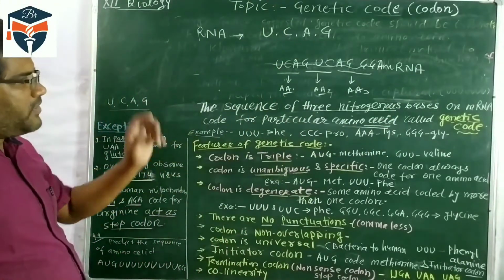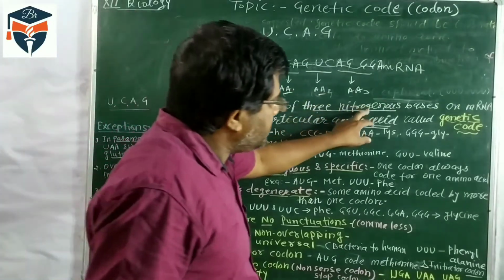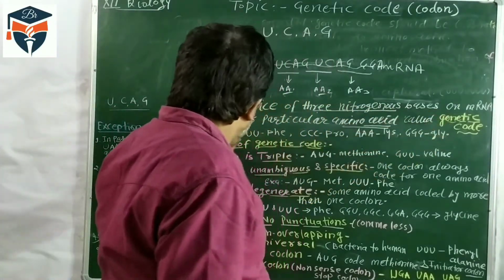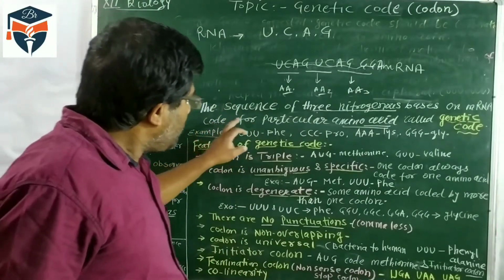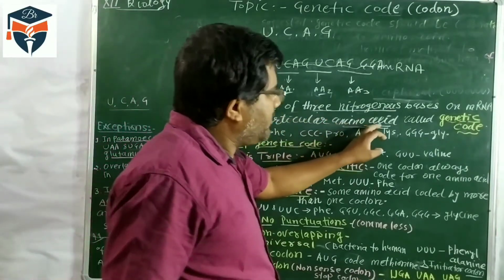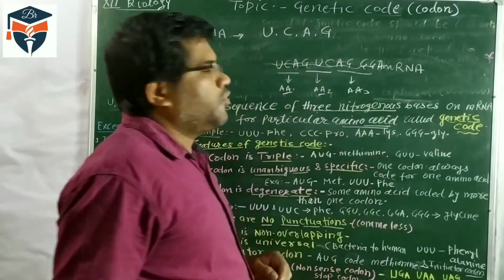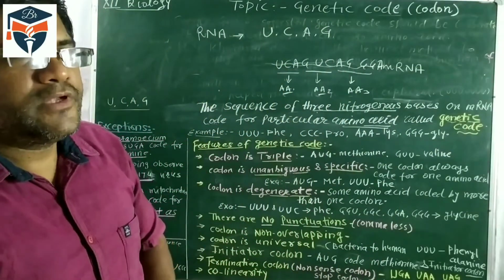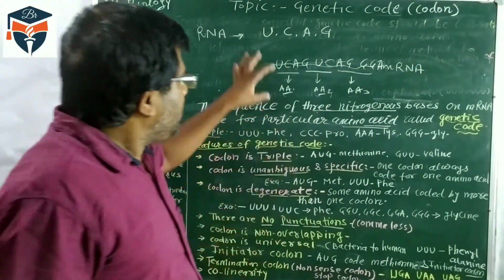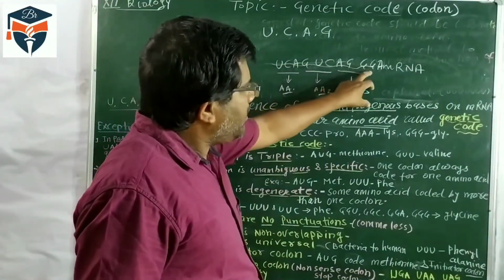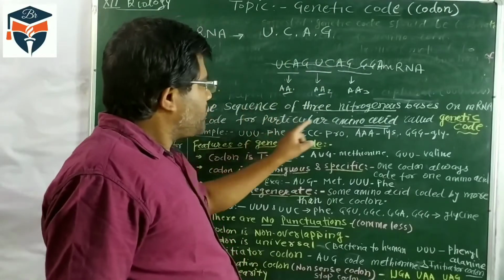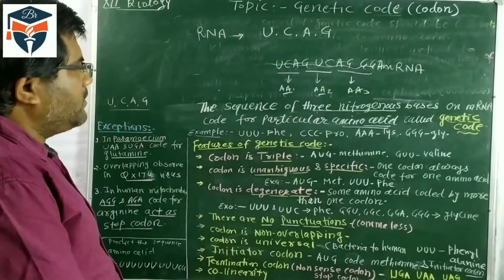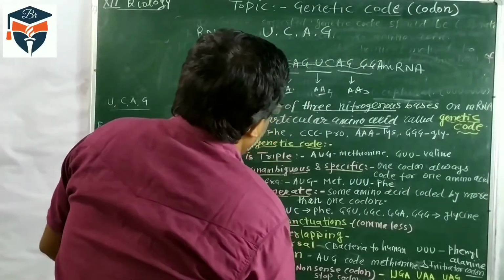The sequence of 3 nitrogenous bases on mRNA codes for a particular amino acid, called the genetic code. So codon is a sequence of 3 nitrogenous bases, and if these 3 bases are on the mRNA molecule, they synthesize the particular amino acid, and it is called the genetic codon.